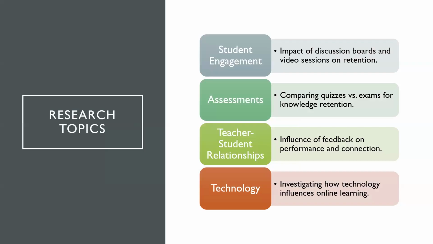So we've talked about this in our little open discussion a little bit, but some of the more common research topics that you're going to see in online teaching and learning research are student engagement, student assessment, the teacher-student relationship, and how technology is impacting or influencing those sorts of exchanges.